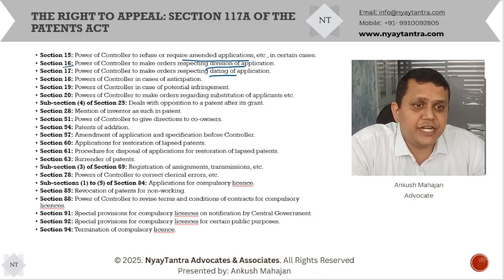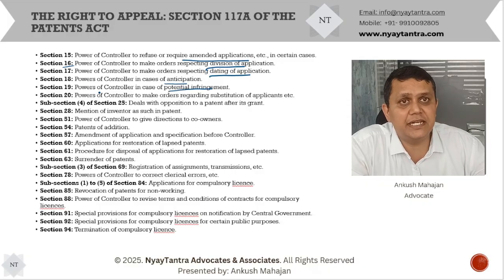Right? If post-dating of the applications were there, then anticipation related, when the novelty issues are there, right, then in case of potential infringement, section 19, if any order is passed under section 19, then you can file an appeal against the order of the Controller.